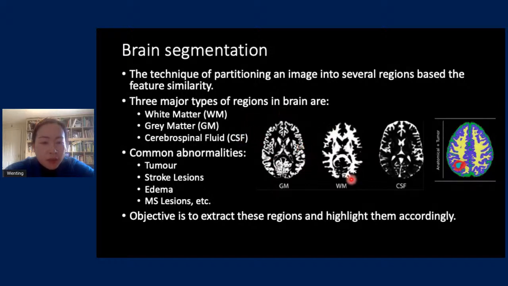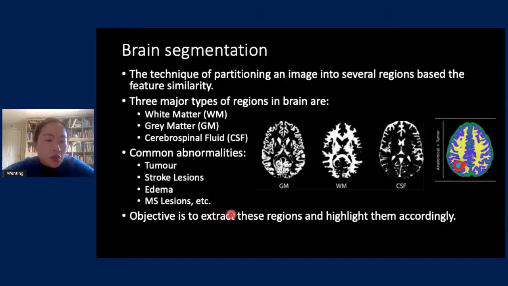On top of that, we are also interested to detect and draw which region belongs to, for example, tumor. These are common abnormalities: the tumor, stroke lesion, edema, which is the swelling of part of your brain, or the inflammation.